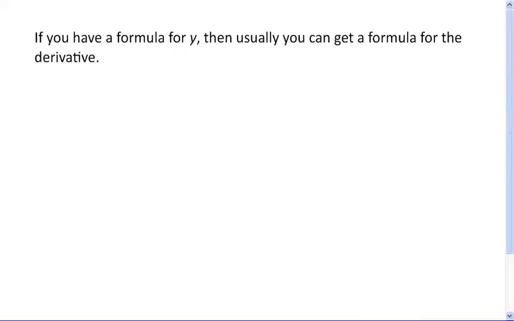And then finally, the formula approach, the analytic approach. If you actually have a formula for y, then almost certainly you can get the formula for the derivative, which is really great. And so that's what a lot of Calc 1 is about, learning all the rules for turning formulas for y into formulas for the derivative of y.